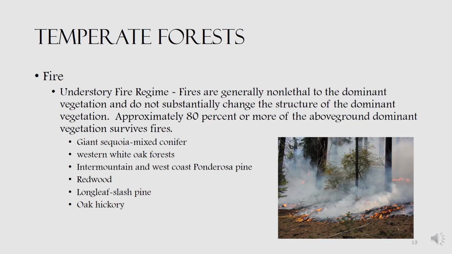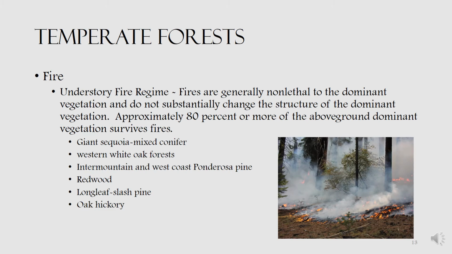And we can separate the fire regimes into the aspects of the canopy and the forest community that they impact. So here we're looking at understory fires. The understory fire regime, these are fires that really are non-lethal to the dominant vegetation, the existing trees or the larger, well-established trees, and really don't substantially change the structure of those dominant trees.